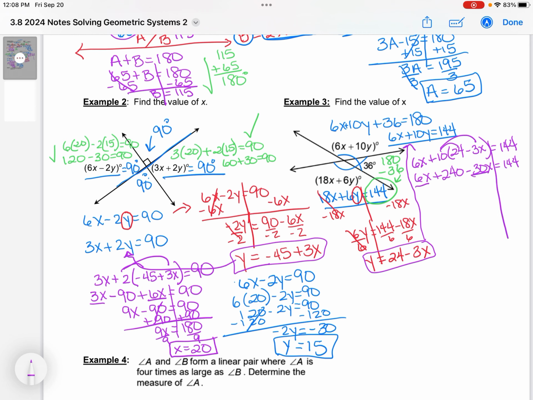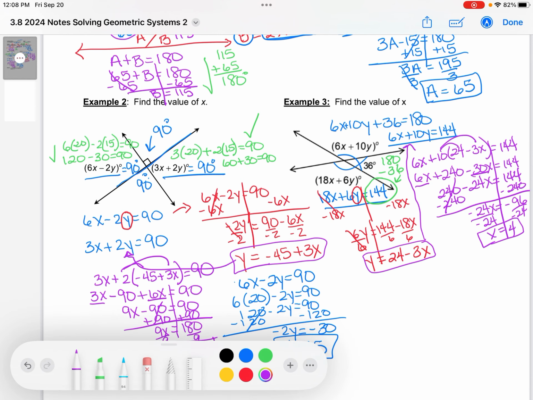Okay, so I'm going to put my x's together. So I'm going to have 240 minus 24x equals 144. I'm going to subtract 240. And I'm going to get negative 24x equals negative 96. And when I divide by negative 24, I get x equals 4.